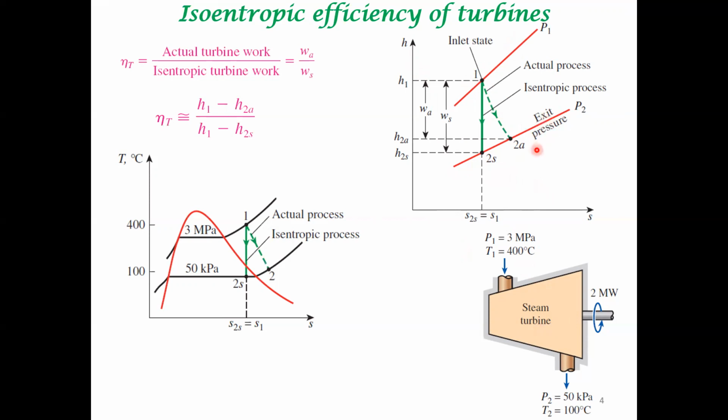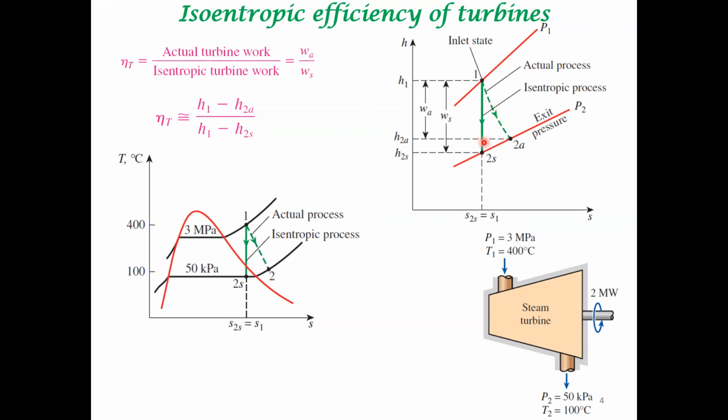The exit pressure is the same for your actual system as well as for the ideal system. But what is different for an ideal system is that the inlet entropy and the exit entropy are one and the same. Because of this reason, the work that you get from an ideal device, which is characterized by Ws, is more than the work that you can obtain from an actual device.